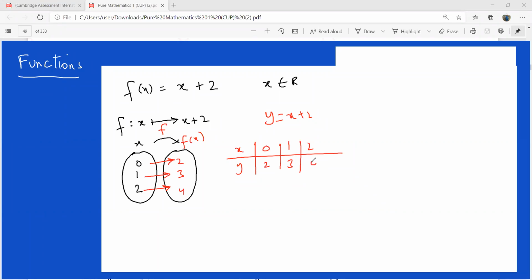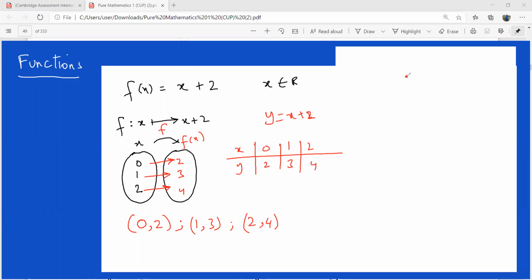When you have 2, you have 4. So 0 being mapped onto 2 is absolutely the same as a point with the coordinates 0 comma 2. 1 mapped onto 3 is the same as 1 comma 3, and then this is going to be 2 comma 4. So these are the points on the graph of this function, which is f of x equal to x plus 2.